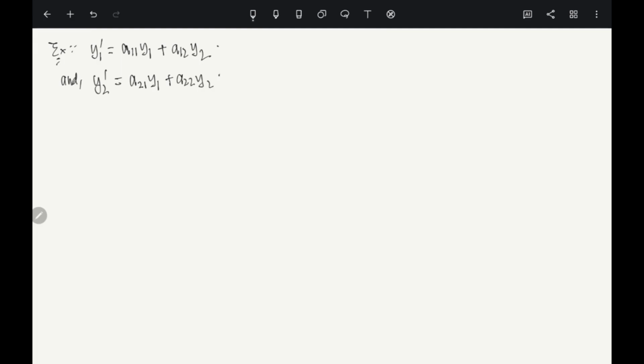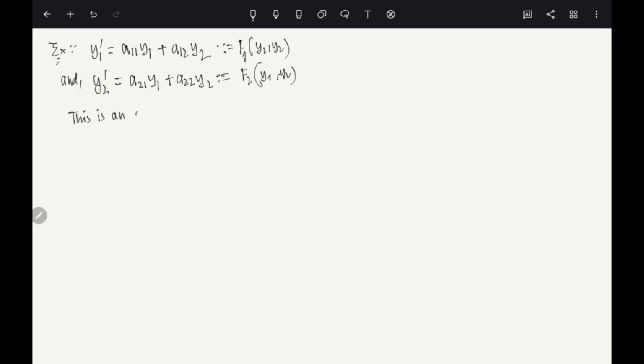You can see that this is a function f of some constants, of course, and y1 and y2. f1 and f2 here are nothing but functions of y1 and y2. If you define f1 to be a11 y1 plus a12 y2, then you have this equation, and y2 prime will look like this.